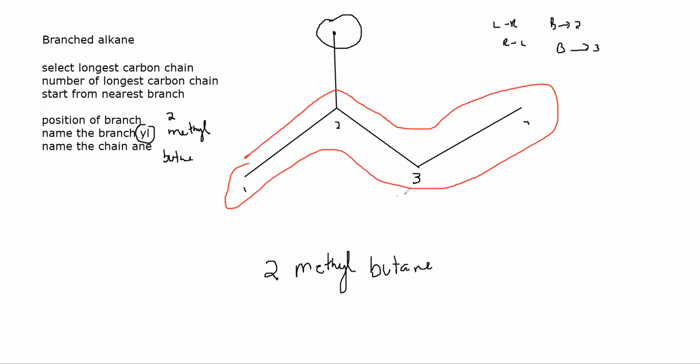So the name of this compound is 2-methyl butane. Is this example clear? 2-methyl butane. 2 is the position of the branch. Meth is because there is one carbon in the branch. Whenever there's a branch, we call it yl. And then the main chain, because there are 4 carbons in the main chain.